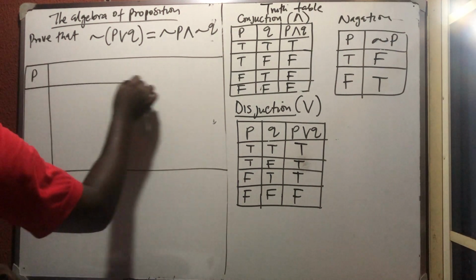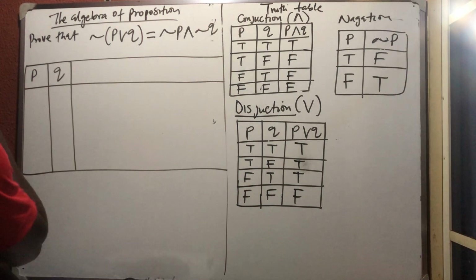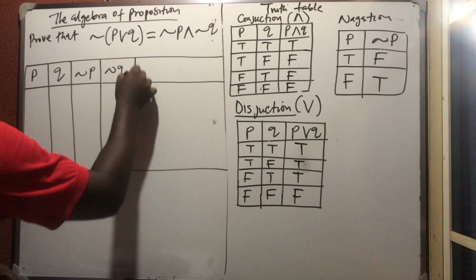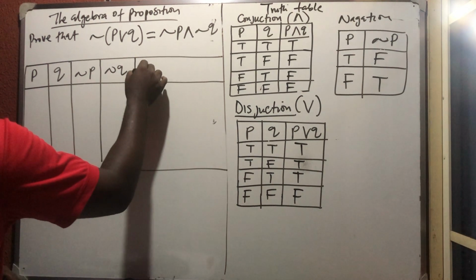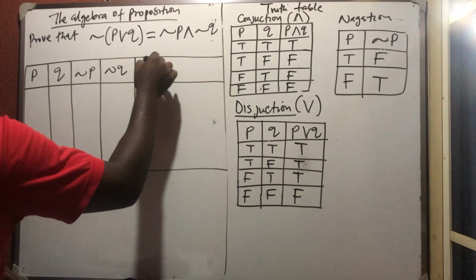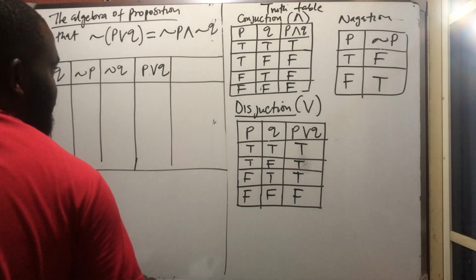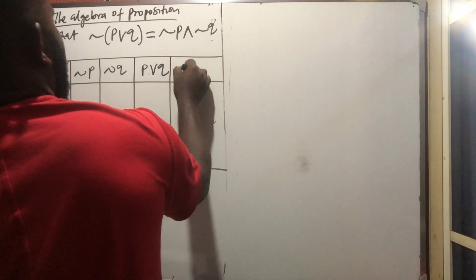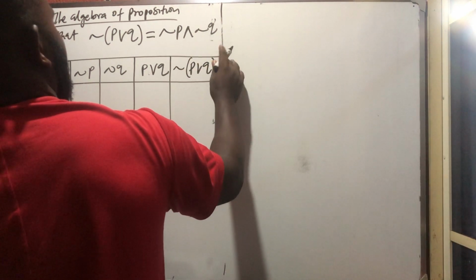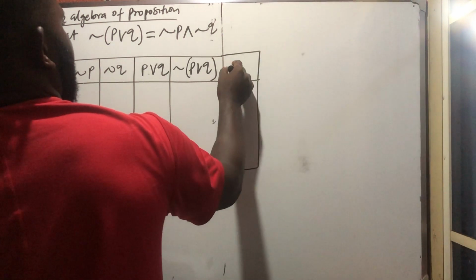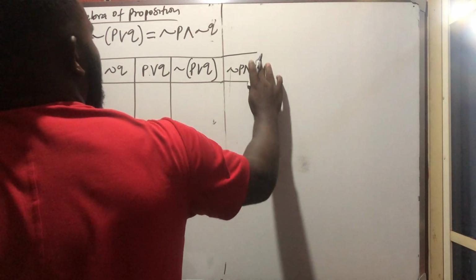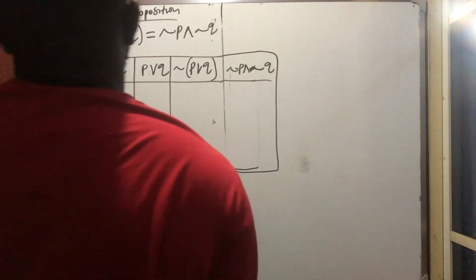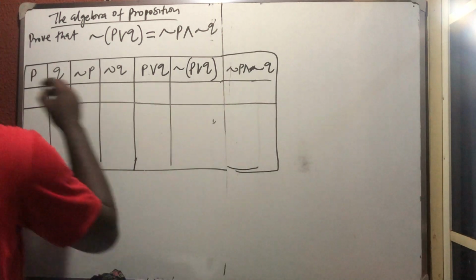You have your P, you have your Q, you have negation P, negation Q. We now have P or Q. First of all, you now have the negation of this one, negation of P or Q. Then finally, you now have negation of P and negation of Q. So don't forget the way we state this one.